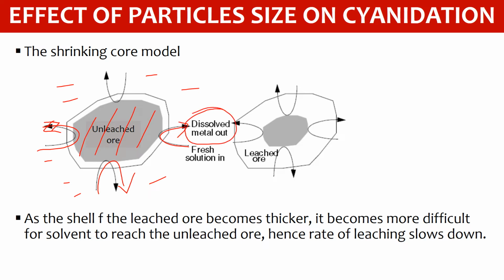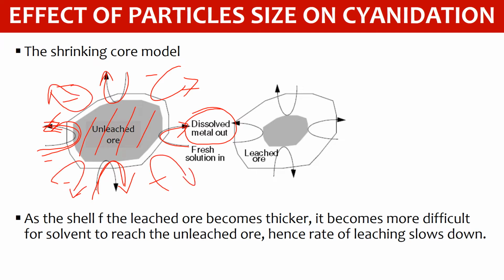So if this process continues to happen, as your lixiviant continues to get into touch with the unleached ore, you can see that your core continues to shrink. This is the distance that, in this case, has actually been dissolved.